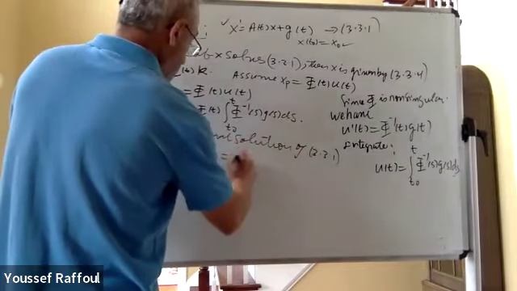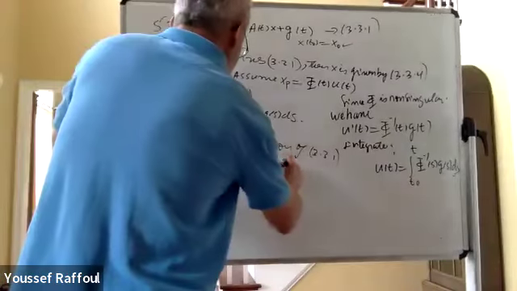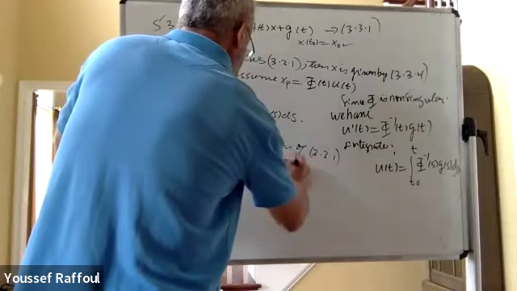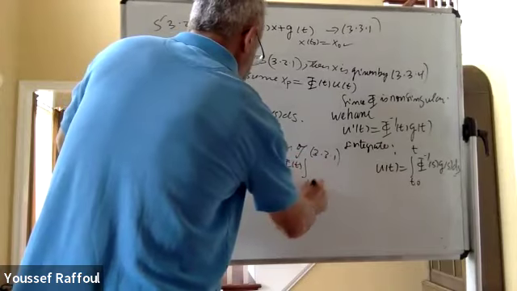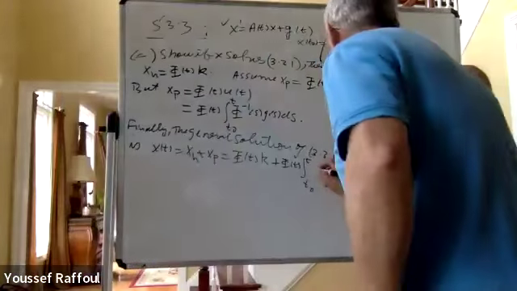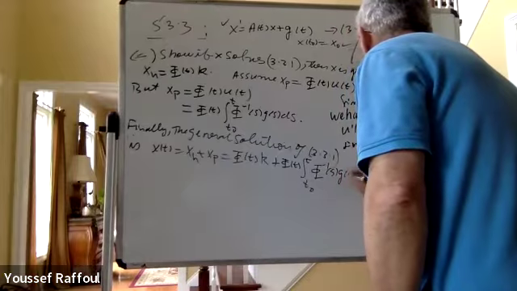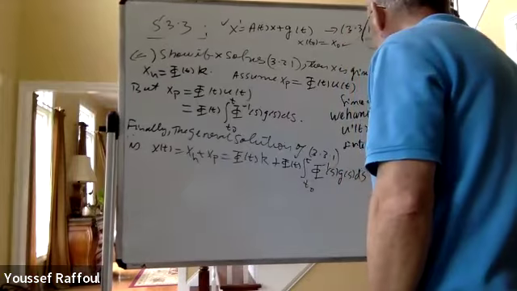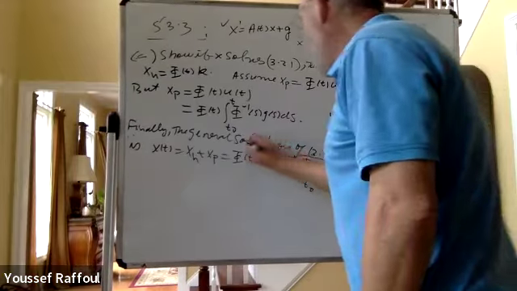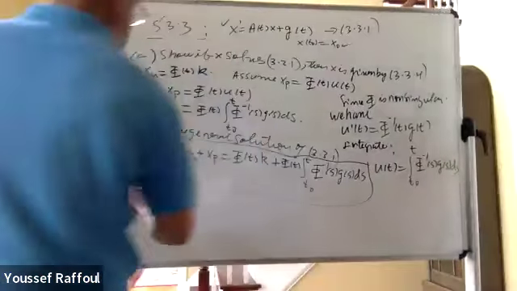That is phi of t times some vector k plus phi of t times the integral from t_0 to t of phi inverse of s g of s ds. Okay, now we're not done yet. So the question is, what is k?